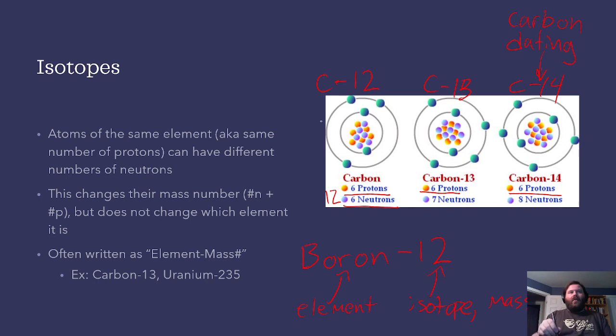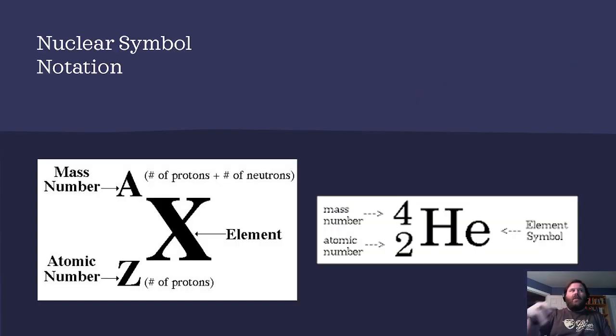Okay, so for carbon-13, it's 6 plus 7. For carbon-14, it's 6 plus 8. Okay? So, isotopes: same element, different number of neutrons. Okay, just want to introduce nuclear symbol notation, right?